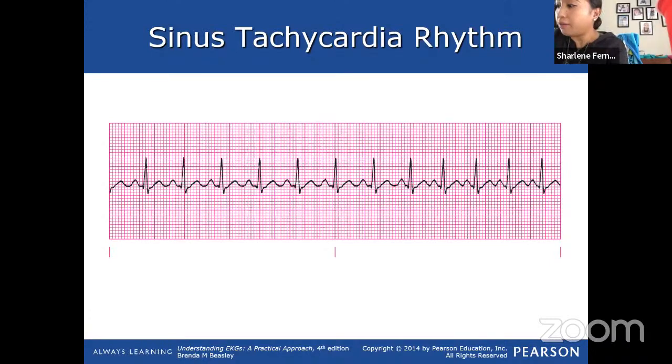The P wave is upright, smooth, before the QRS. Yes, correct. Very good, each P followed by QRS. And then the PR interval is 1, 2, 3, 4.